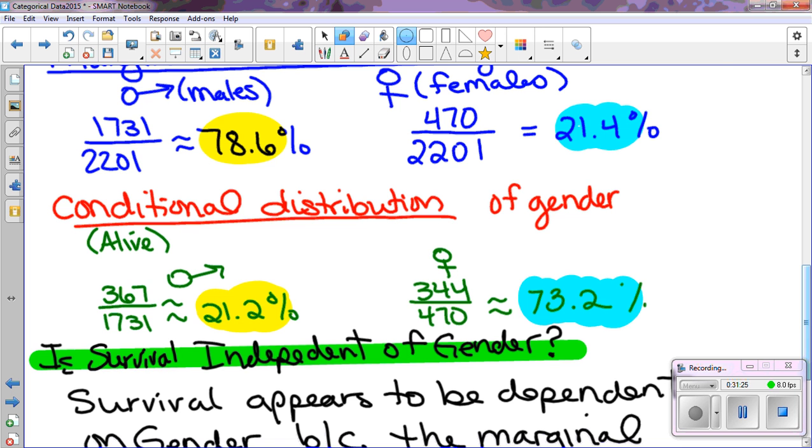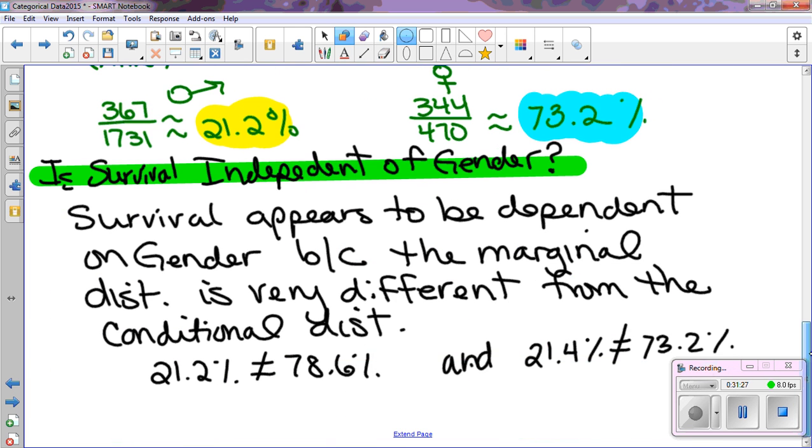It says survival appears to be dependent on gender because the marginal distribution is very different from the conditional distribution, and then you showed me what you compared. If the percentages are close to each other, they're pretty independent. If they're really far apart like they are here, they're dependent.